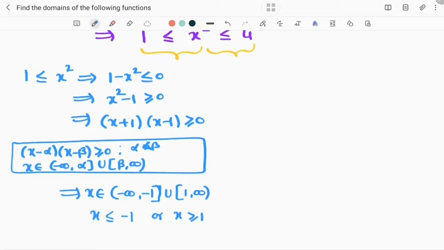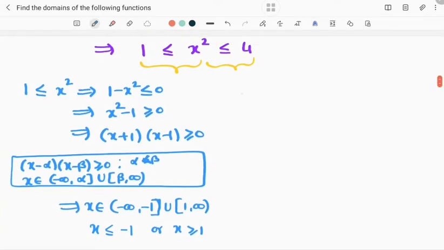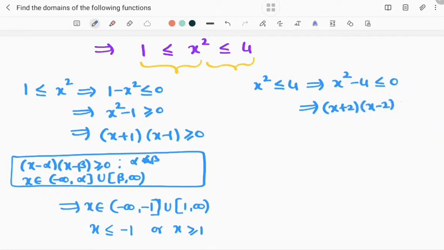Now we will consider the other case, x square is less than or equal to 4. That implies x square minus 4 is less than or equal to 0, so x plus 2 into x minus 2 is less than or equal to 0.